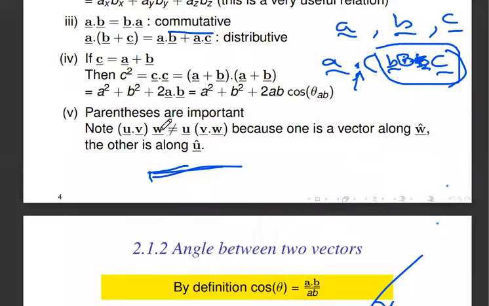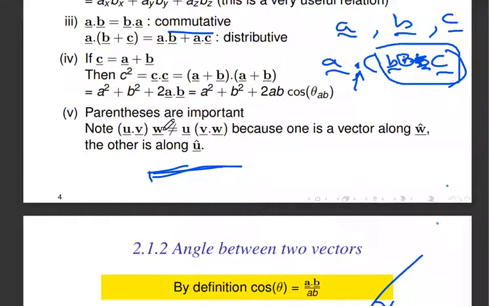Right. And this one is important. The dot product between u and v gives you a scalar. Scalar times w means this is a vector, some vector along w.